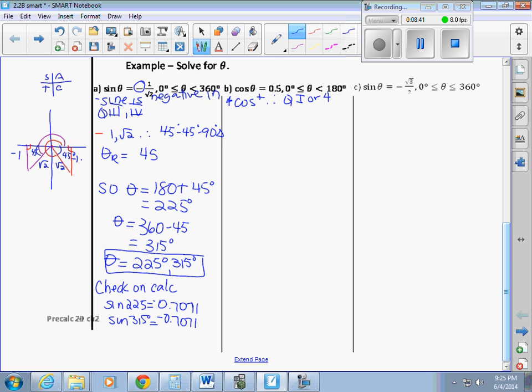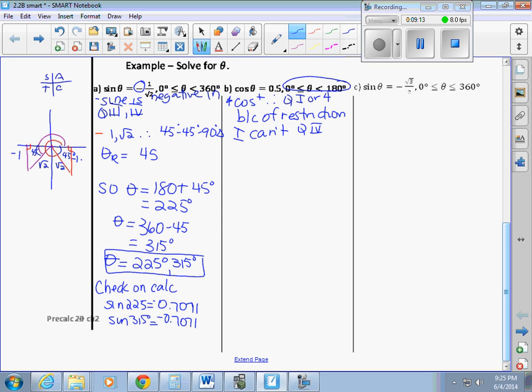So I know that's where my terminal arm is going to be. But this restriction said it had to be less than 180 degrees. That means I can't use quadrant 4 because that would make it more than 180 degrees. So I'm only going to have one answer for this.